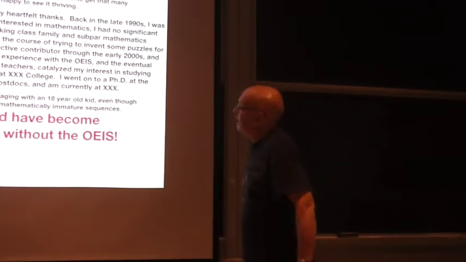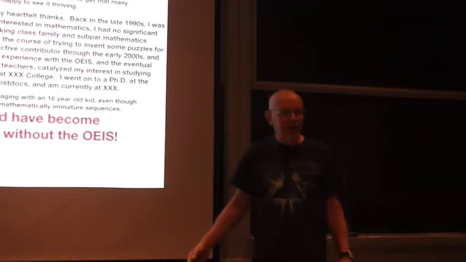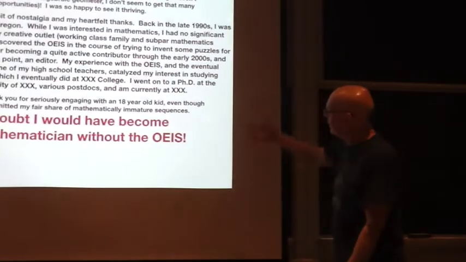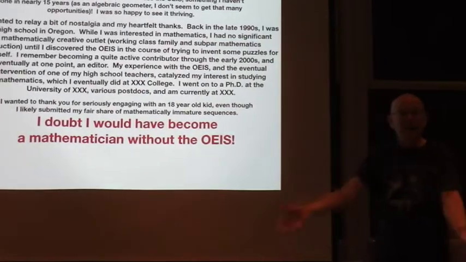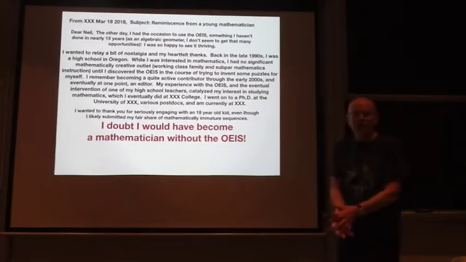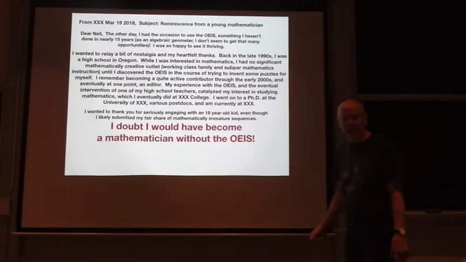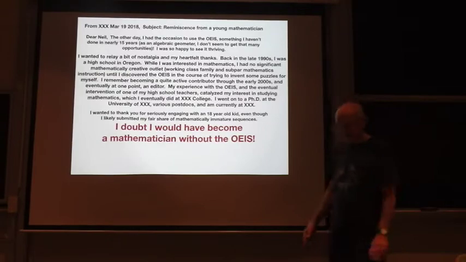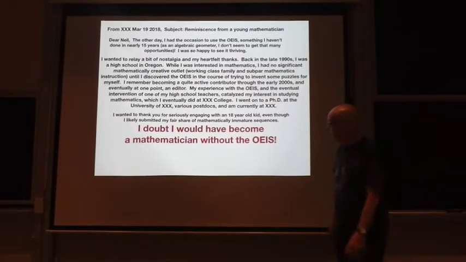Finally, he discovered the OEIS, and he got involved, and he started sending in sequences. He was an active contributor, and then he became an editor, and he had a wonderful time, and that led him into mathematics. Then he went to a famous college to get his degree, and another famous place to get his PhD, and now he's a professor at a place not far from here, where he is doing algebraic geometry.